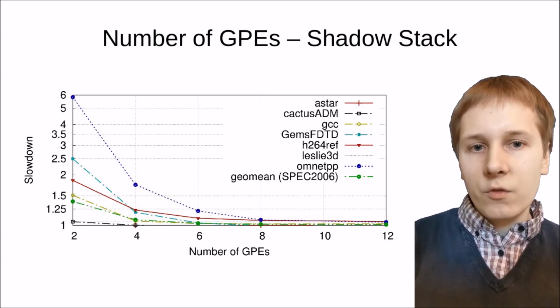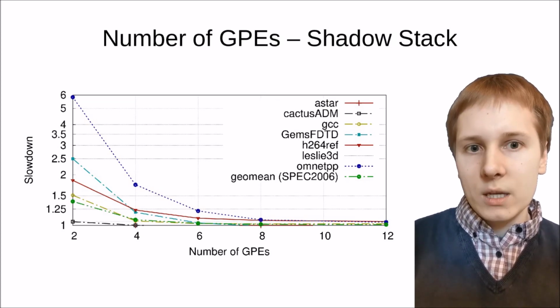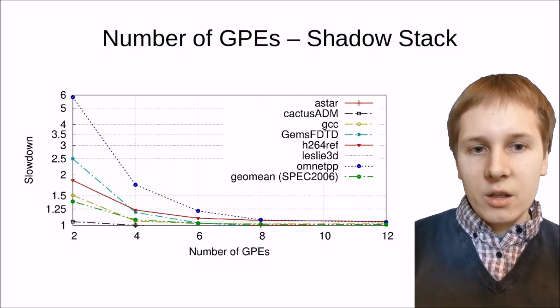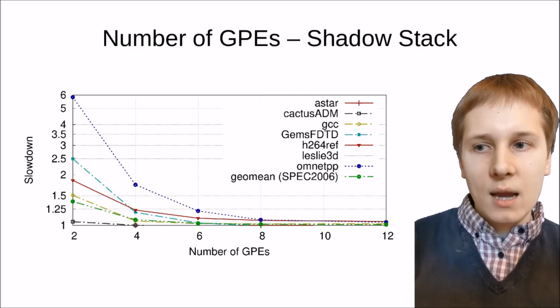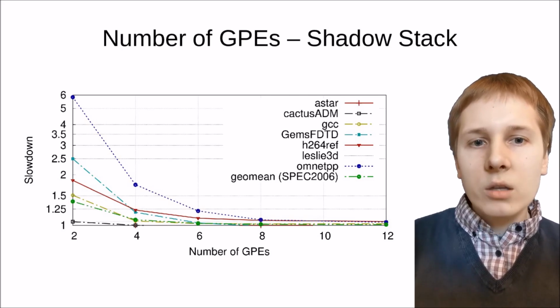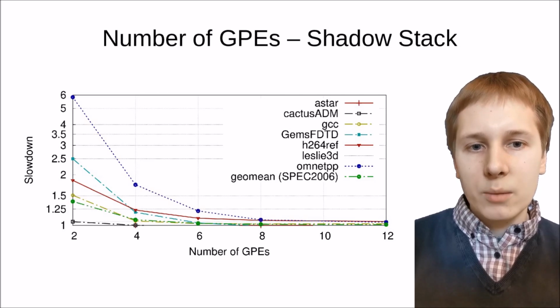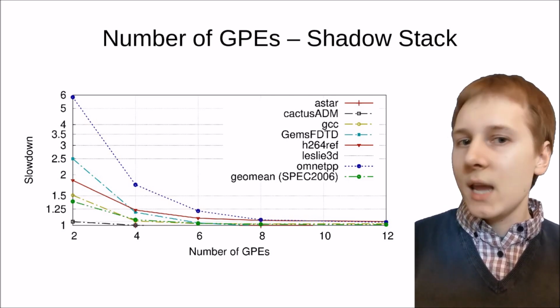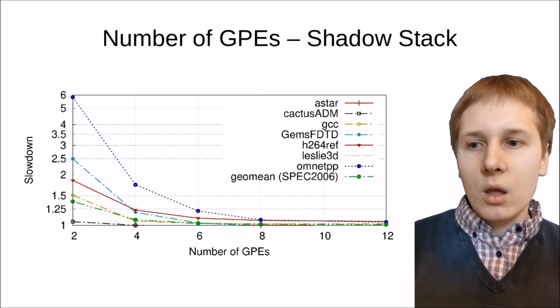We see that for that shadow stack example we saw a moment ago, there are some workloads where 2 GPEs, 1 filter and the tiebreaker that was originally over on the right, are nowhere near enough performance to avoid slowing down the main core significantly and achieve reasonable overheads, because the single-threaded performance of our Guardian processing elements is so small. We see that over on the left for Omnet PP, we get a 6x slowdown.